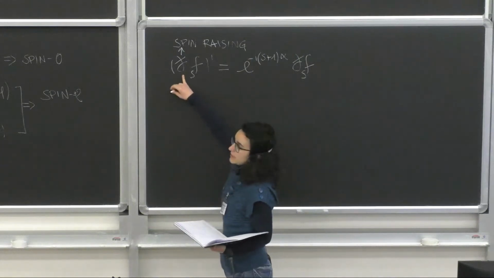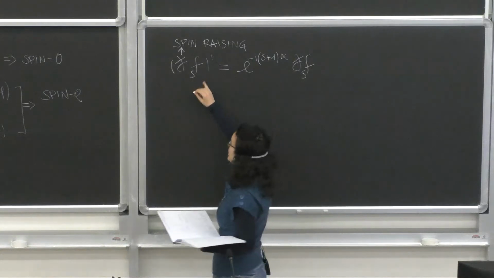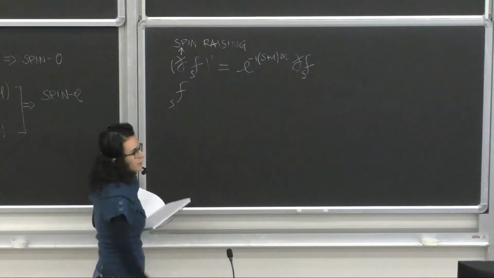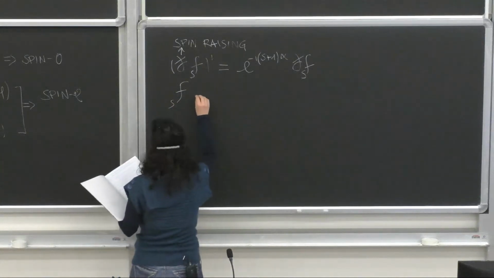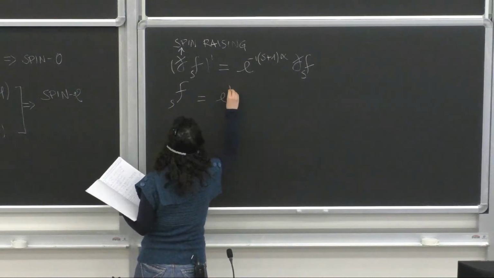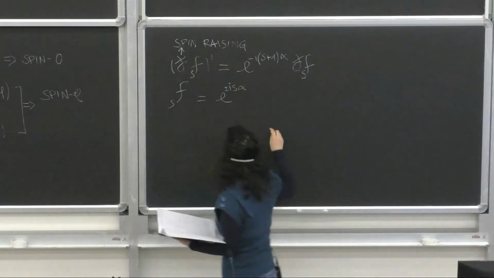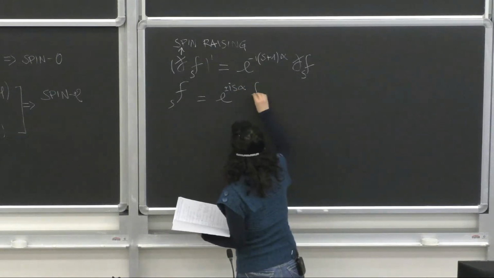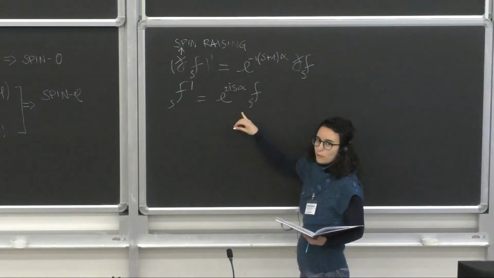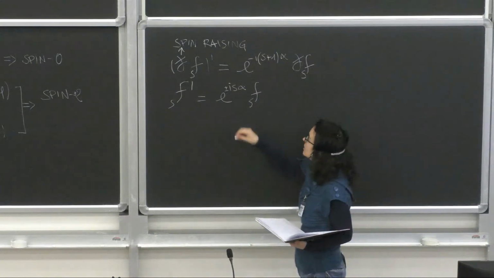So when you apply this operator to a given function f, which has a definite spin, remember that a function f with a definite spin has the property of transforming in this way when you rotate the reference system.